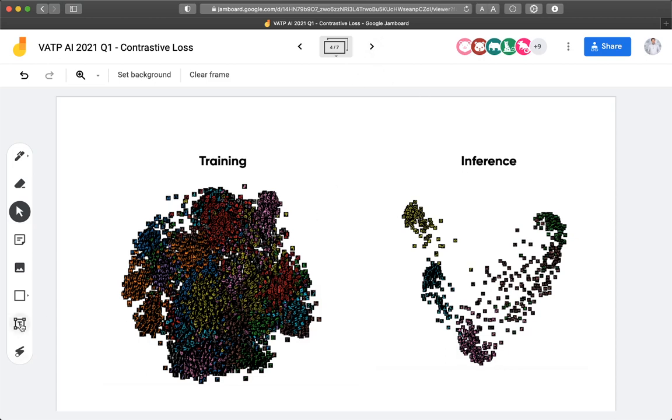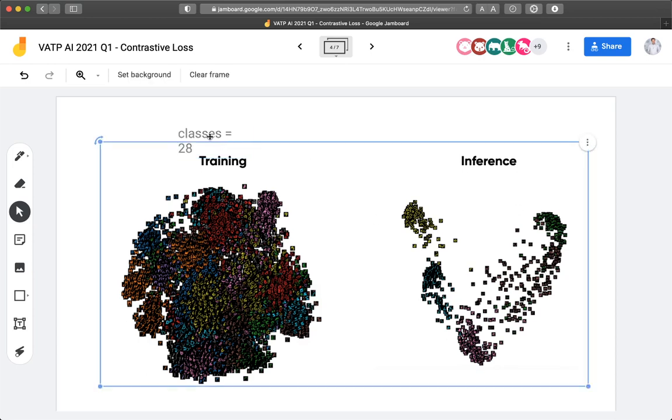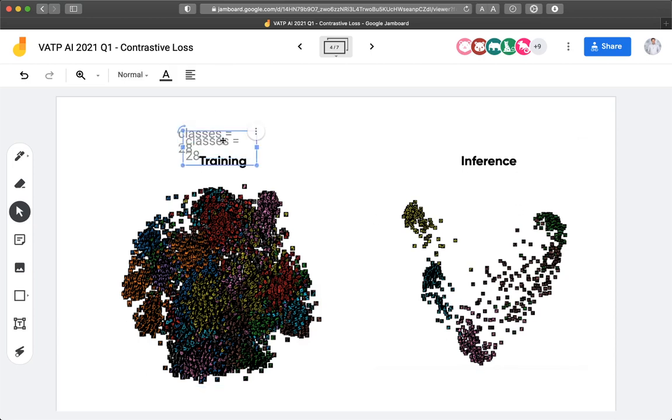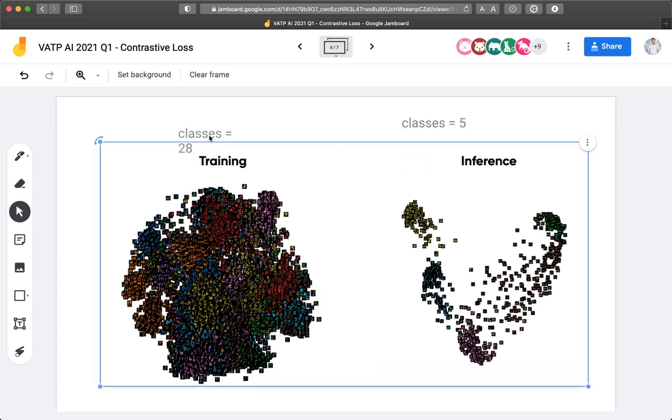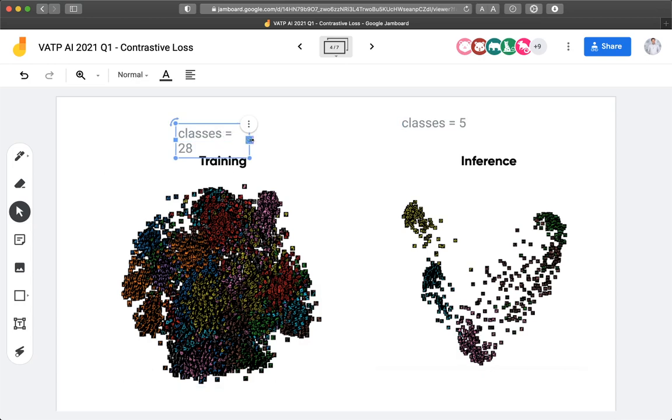So you can think about it like this: here in the training classes, let's say there are 28 classes for training, and 1, 2, 3, 4, 5, for example, some 5 other classes for the inference. You already see that the way we formulate the problem is a lot different from classical classification, because in classical classification you always have the same number of classes for each of the phases of training, testing, and validation.